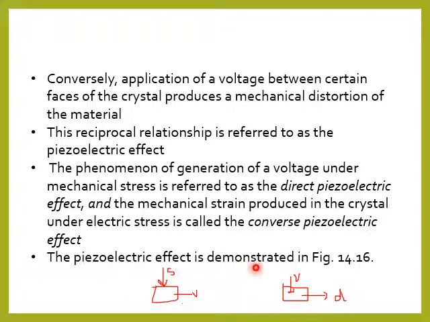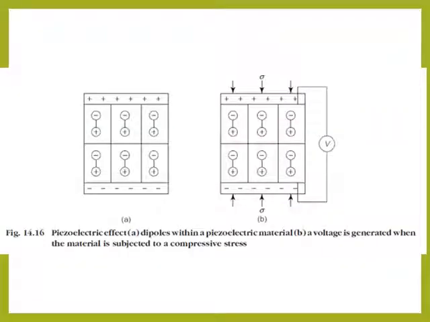The piezoelectric effect is demonstrated in the figure. This is the figure showing the piezoelectric effect. A, a dipole within a piezoelectric material. B, a voltage is generated when a material is subjected to compressive stress. This is a piezoelectric material, and in it there are dipoles, a positively charged plate and a negatively charged plate, and this is a dielectric material.